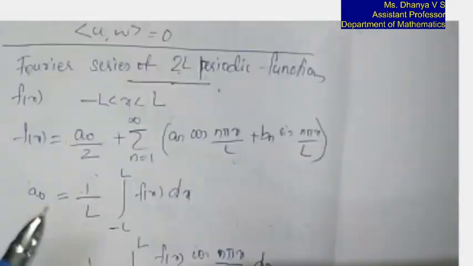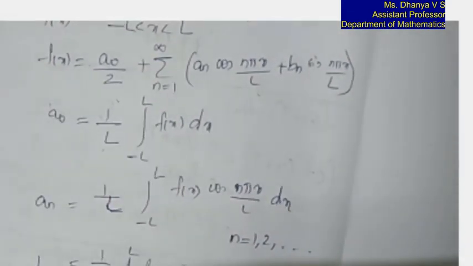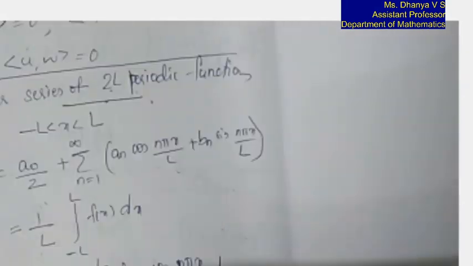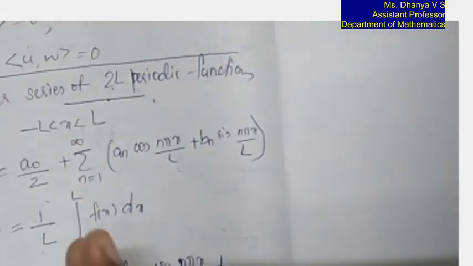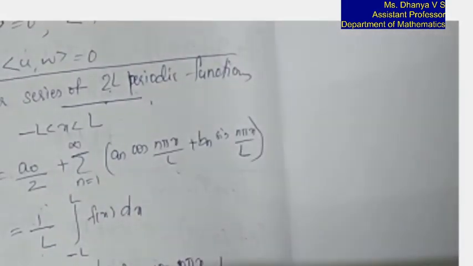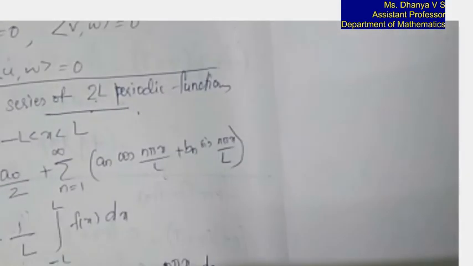Be thorough with the formula. If you know this single formula, you can do the problems in this chapter. Then we have particular cases, like if 2L is 2 pi, and whether the interval is from -L to L also matters.